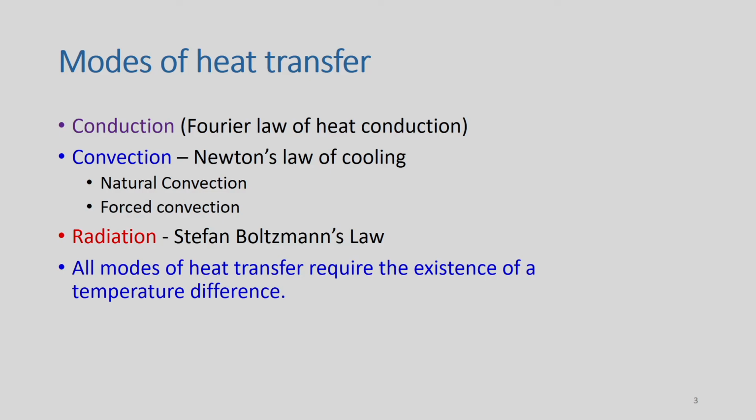There are three categories of heat transfer: conduction, convection and radiation. So, we take help of Fourier law of heat conduction to understand conductive heat transfer, and we take help of Newton's law of cooling to understand convective heat transfer. There are two categories of convective heat transfer.